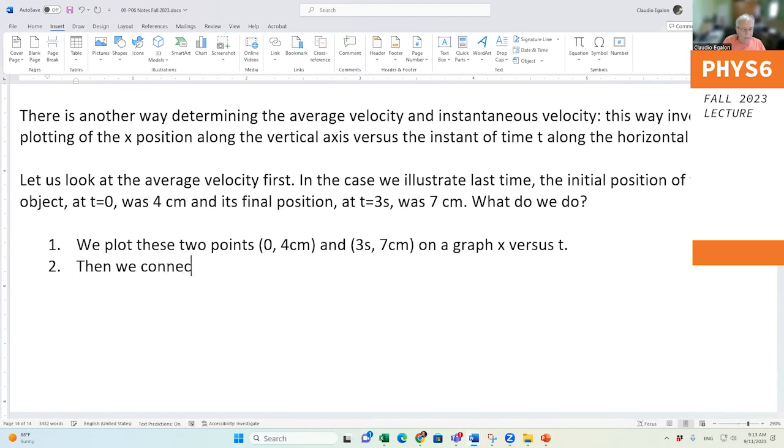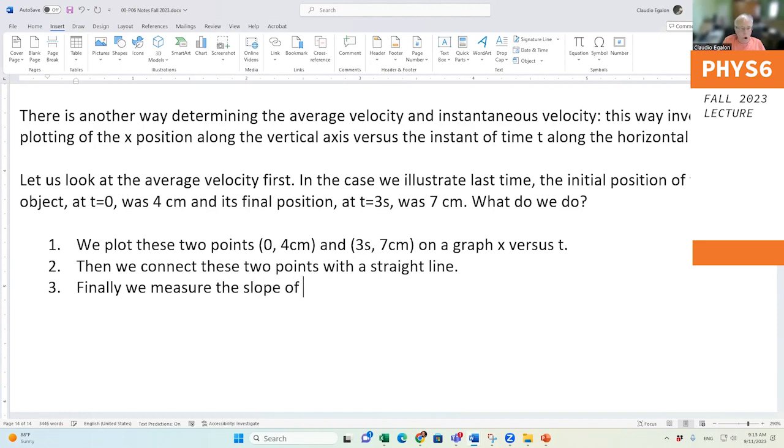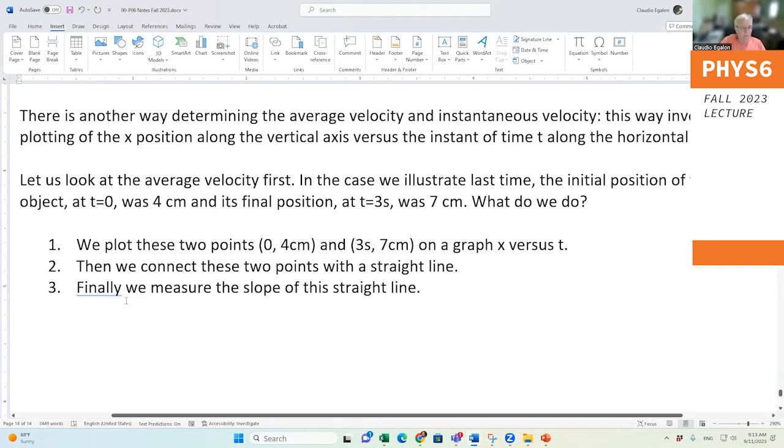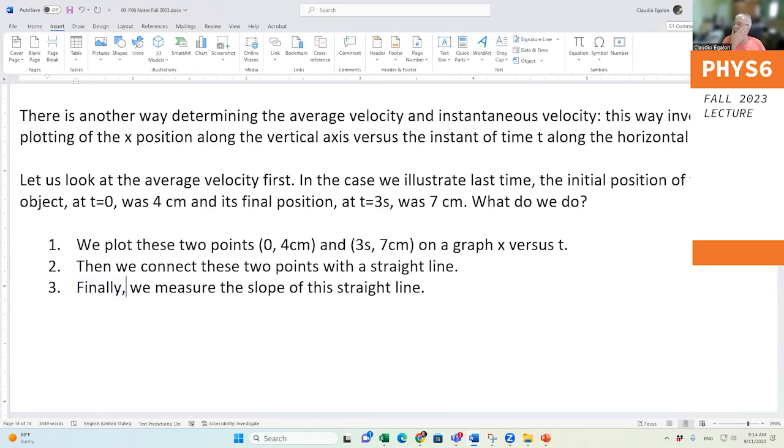Then we connect these 2 points with a straight line. 2, 3, finally, we measure the slope of this straight line. That's another technique that we use to find out not just the average velocity, but also the instantaneous velocity.